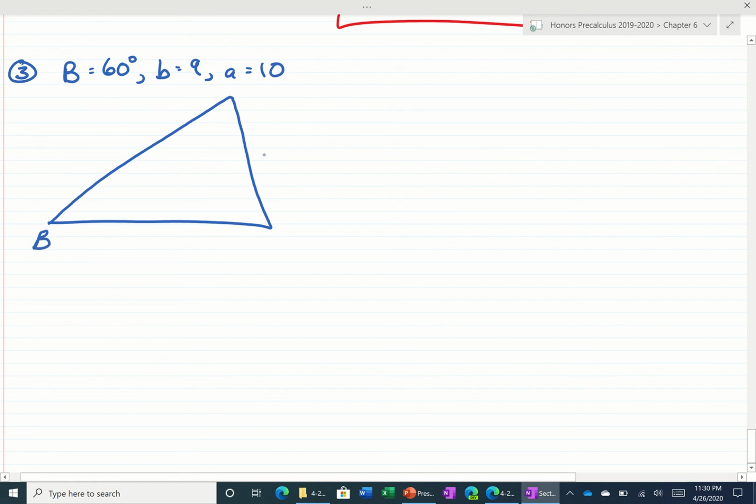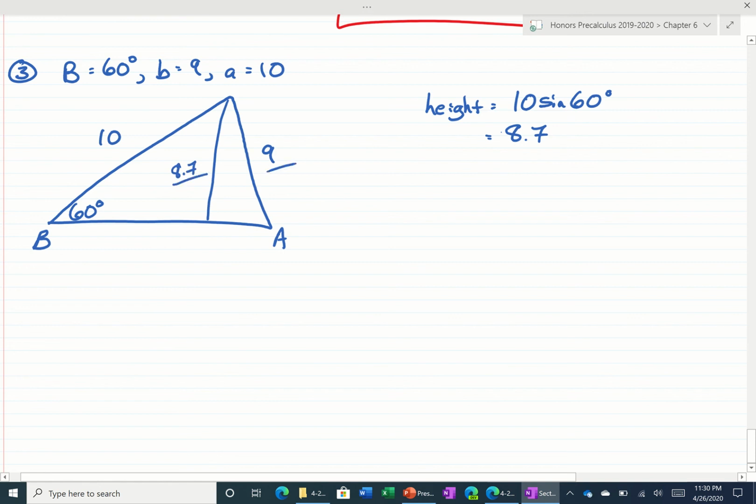You have the angle, the side opposite it, and then the other side is A. The height would be 10 times the sine of 60, which is 8.7. Alright, so that makes sense. 8.7 is smaller than 9, so we could definitely have a solution.